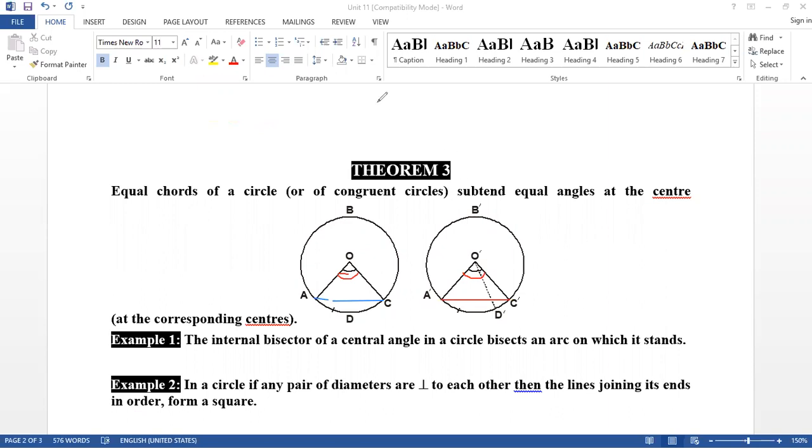And the same can be applied even to a single circle. Suppose this is a chord and we have another chord like this one, for example, and we are telling that these two chords are equal in length.